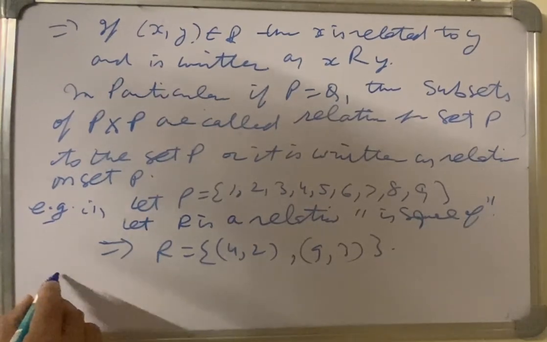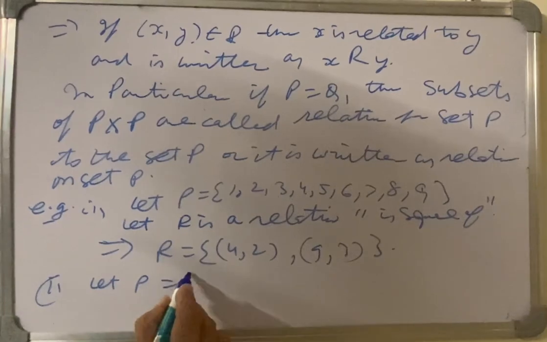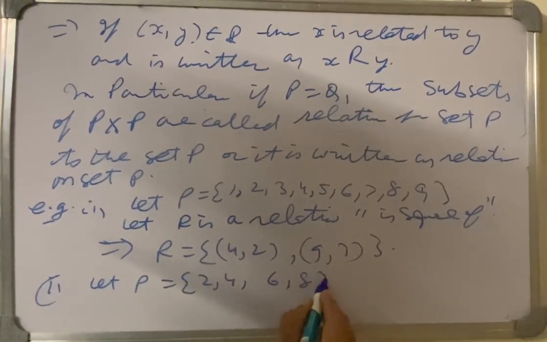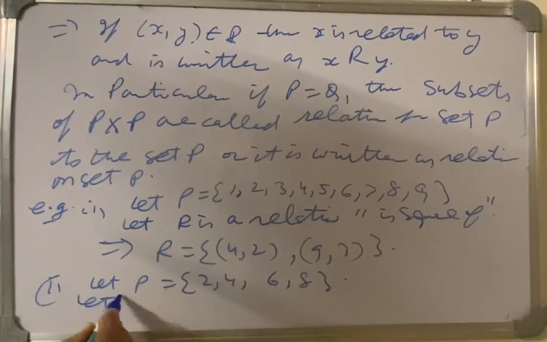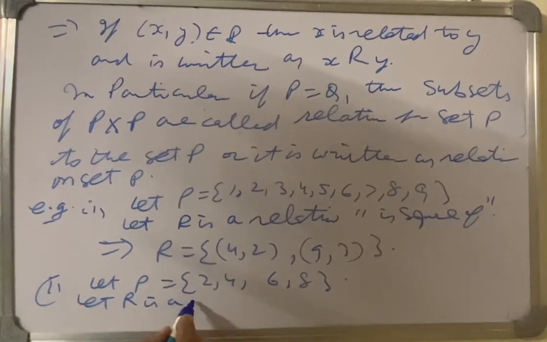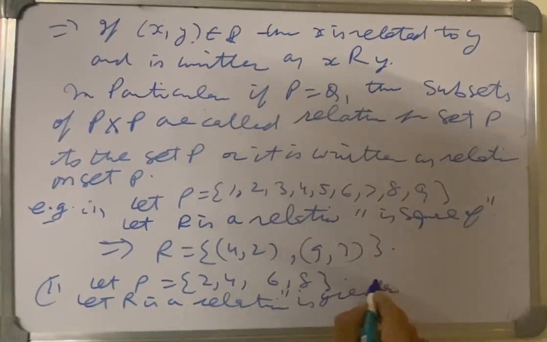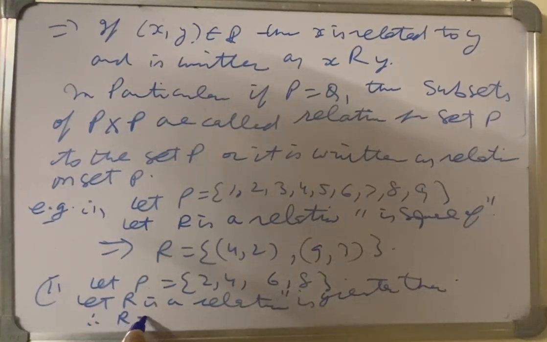Second example, let P is {2, 4, 6, 8}. Let R be the relation 'is greater than'. Therefore, R is equal to (4, 2), why?